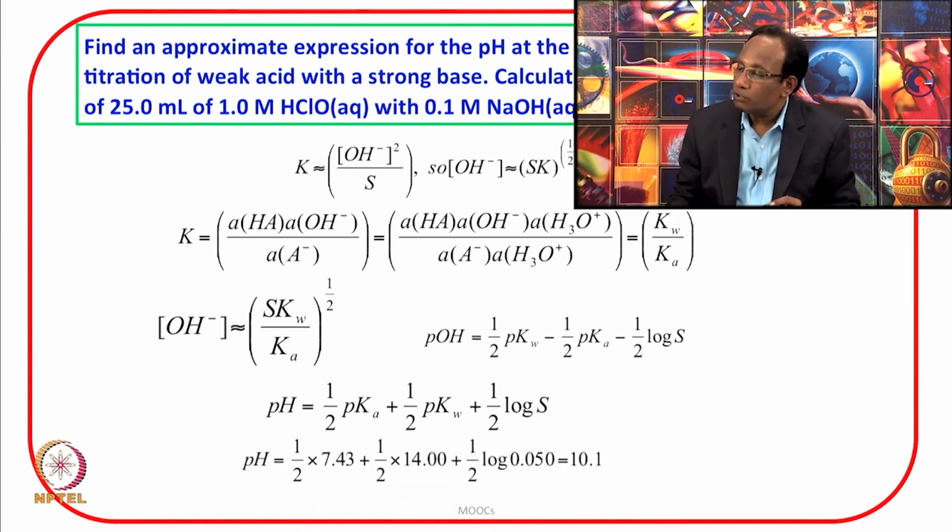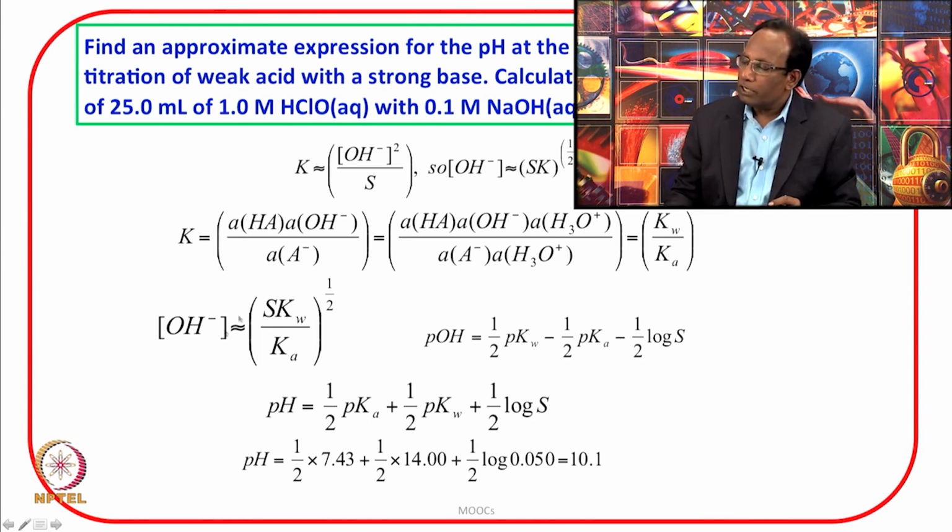And once you substitute the values of pKa of the acid and pKw, which is 14 at 25 degrees centigrade, and the concentration of salt form will be 0.05, the final answer can be obtained as 10.1.